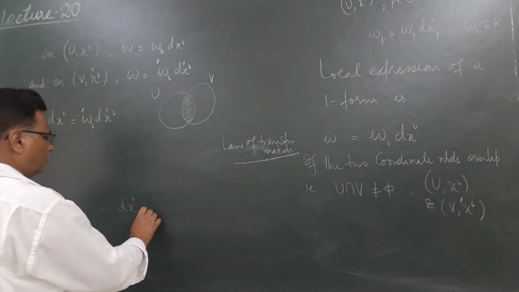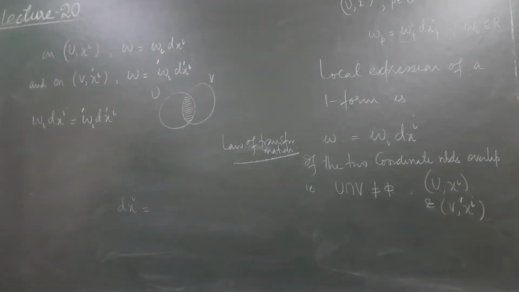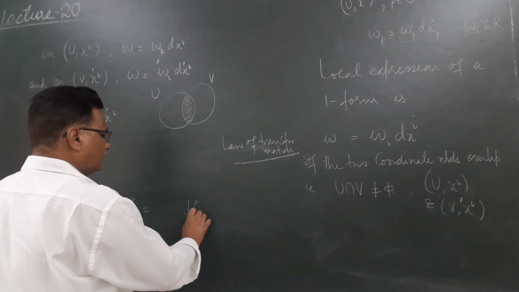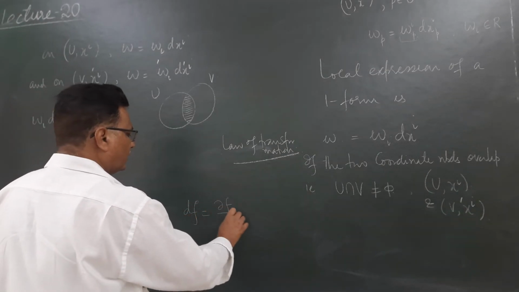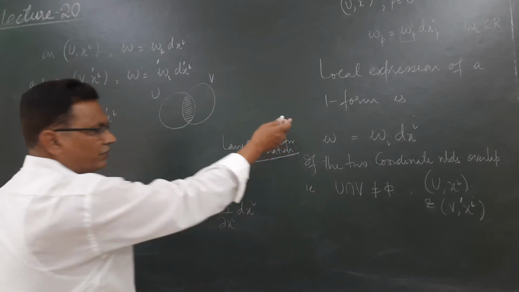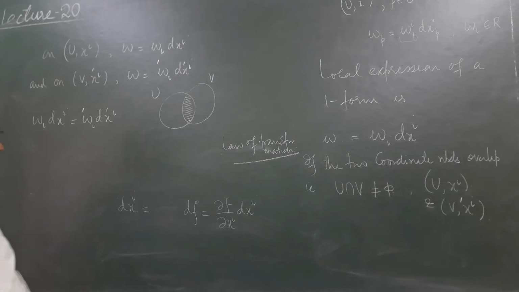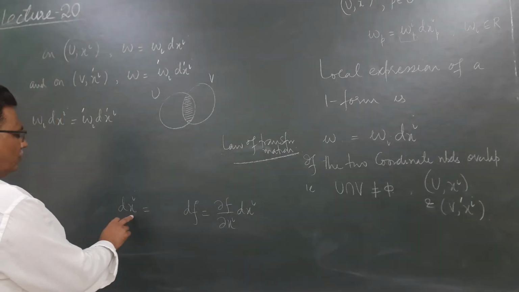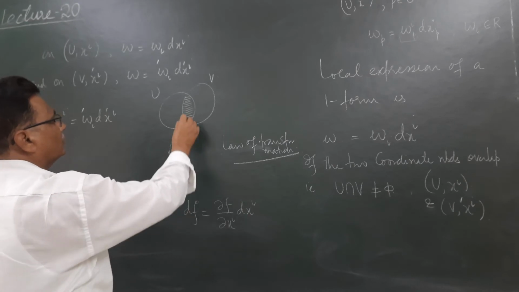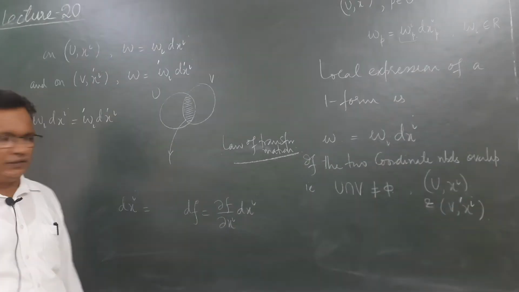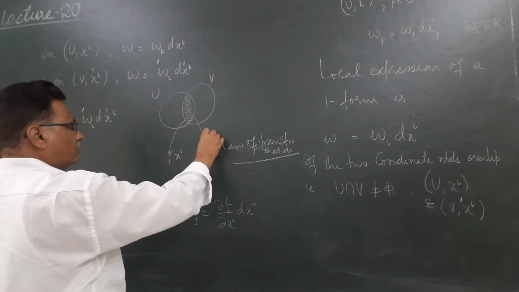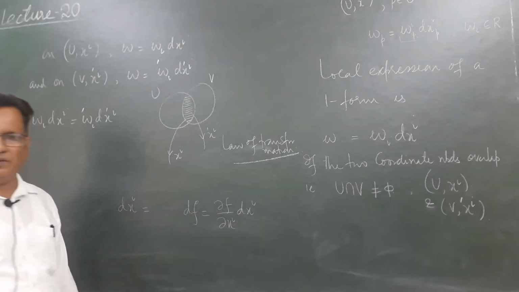dx^i will be what? आपको याद है df क्या लिखते हैं आप? df को लिखते हैं del f upon del x^i into dx^i, यही लिखते हैं ना, अभी फार्मूला हमने बनाया. तो I will consider these x^i's as functions on this part. Is it right? So x^i are coordinates over here. x'^i are also coordinates over here. ये भी available है.